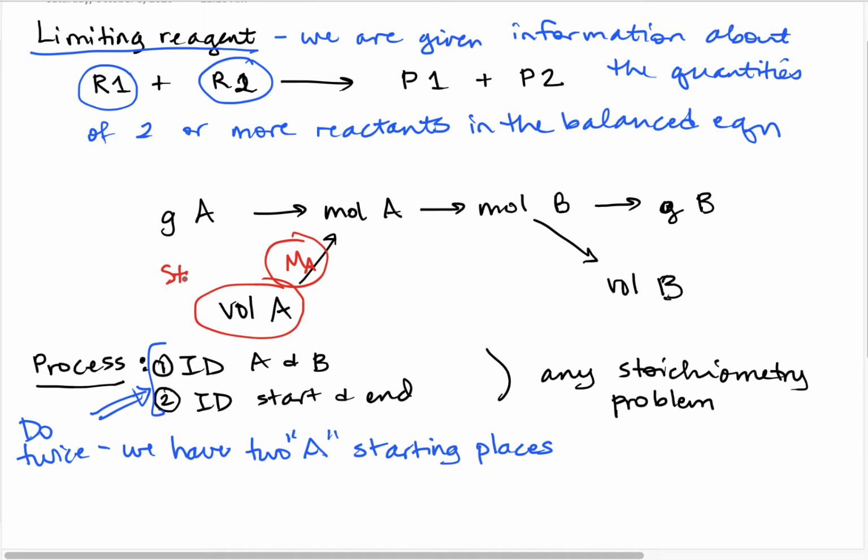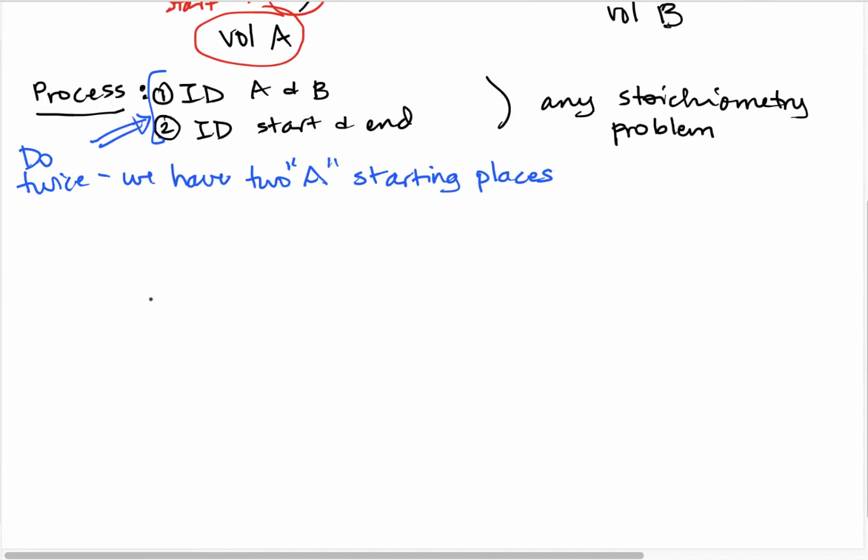This is going to be our starting place for all of the problems that we do in this video, and this is going to be our ending place. So we're going to use the molarity and the volume to get ourselves to moles. We'll use the balanced equation to get from the moles of our reactant to the moles of our product, and then we're going to use the molecular weight to get to the grams of our product. So let's see a couple of examples and practice doing these skills.